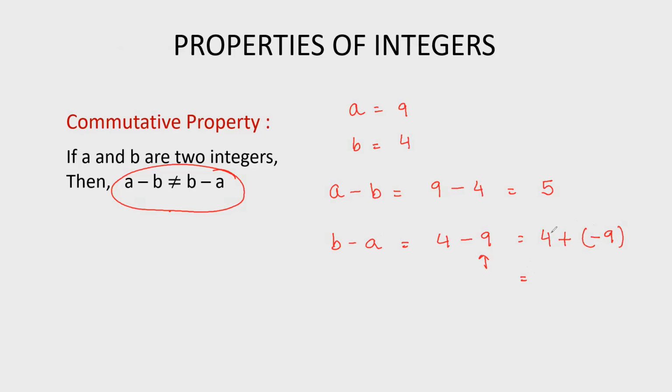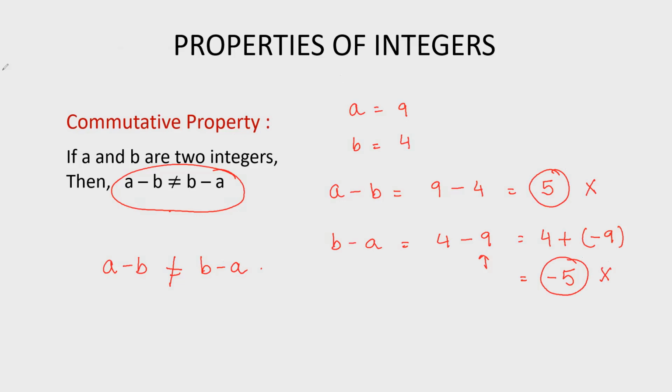What happens? We simply subtract them and put the sign of the bigger number in the answer. So the answer is minus 5. Now minus 5 is not equal to 5. Hence we get that A minus B is not equal to B minus A. So the commutative property does not hold in case of subtraction of integers.